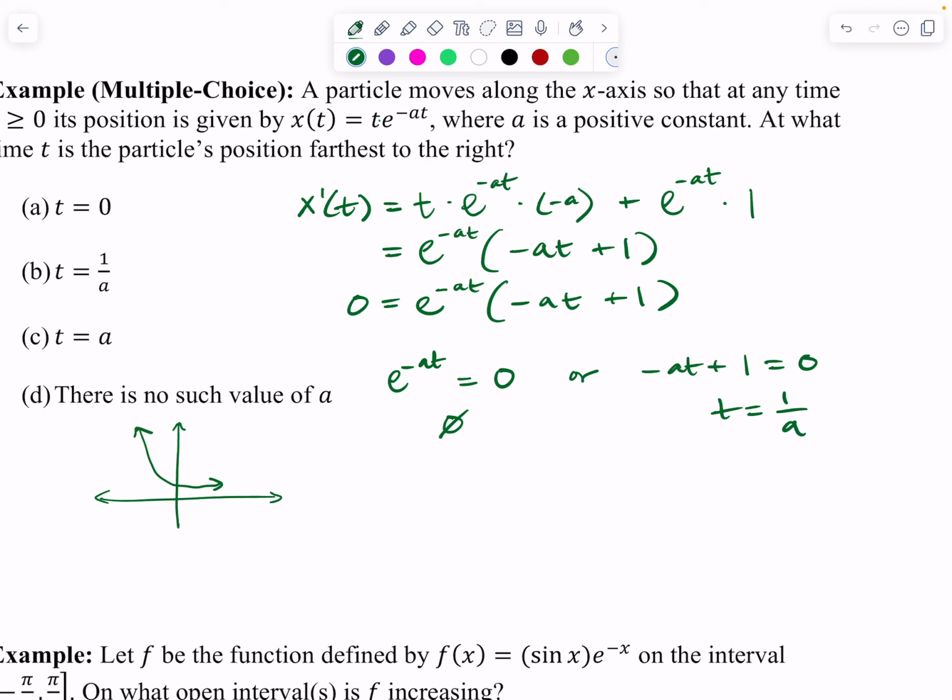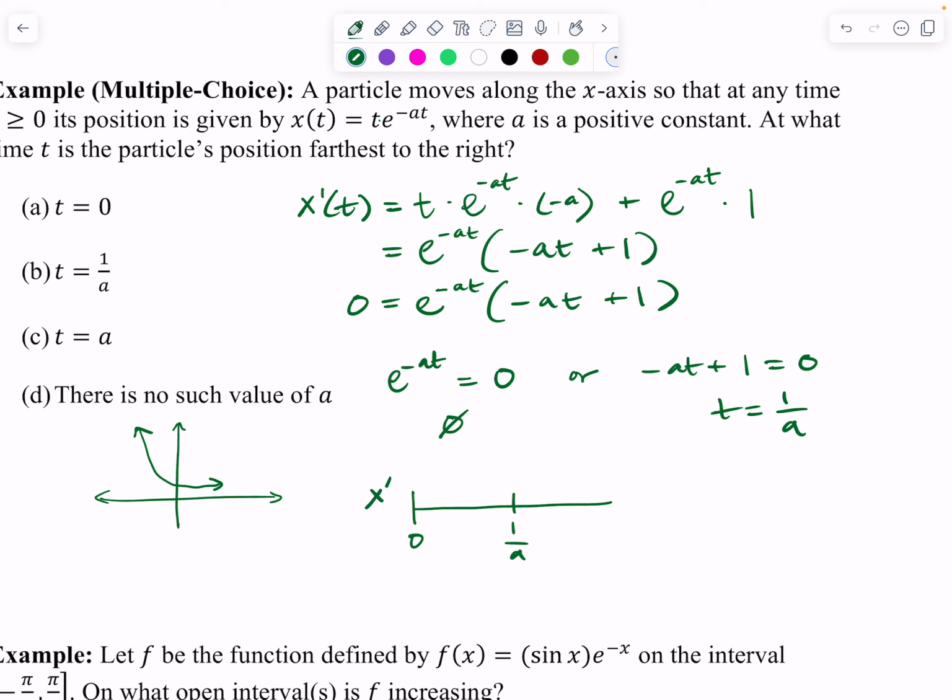You could also think about using the second derivative test if you want, and find x double prime and then plug in 1 over a to see what the sign of x double prime of 1 over a is. That's an option. What I would do is, on the interval for t greater than or equal to 0, I would put my critical value of 1 over a. And this is an analysis line for x prime.